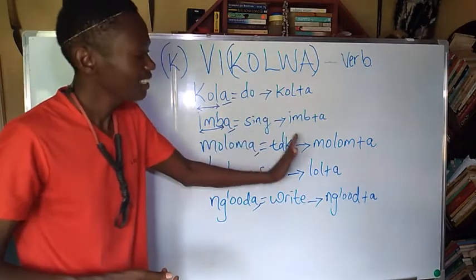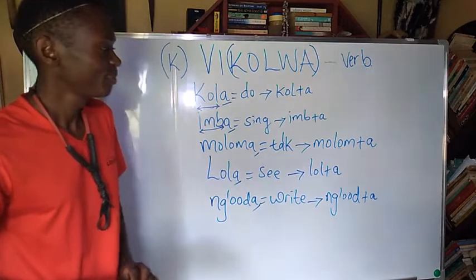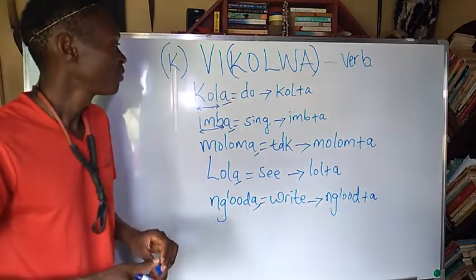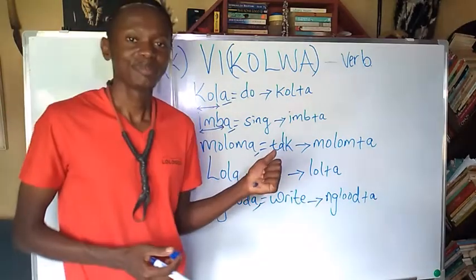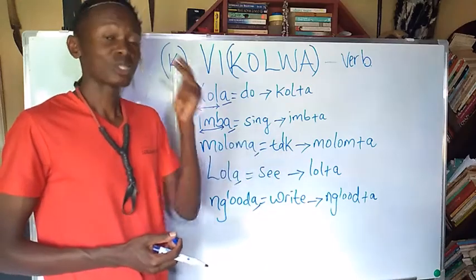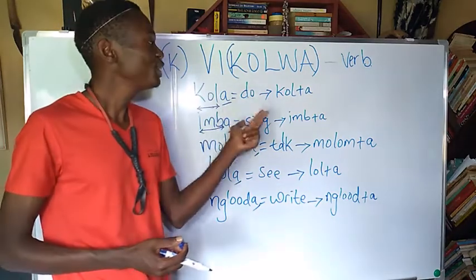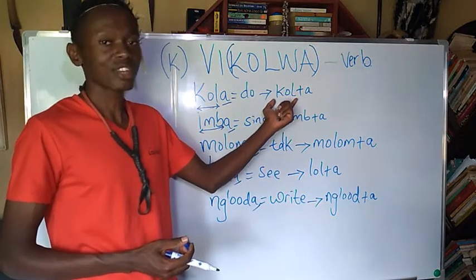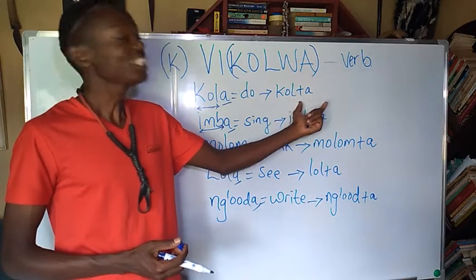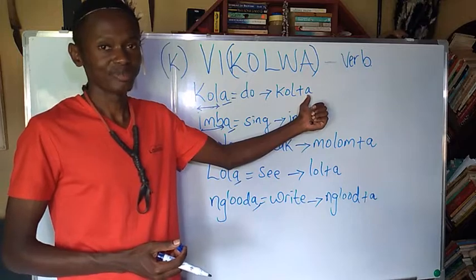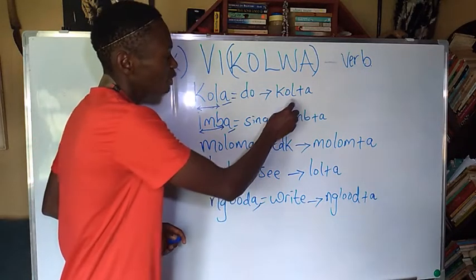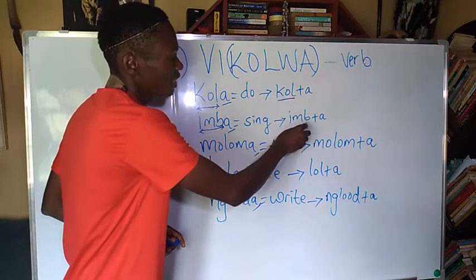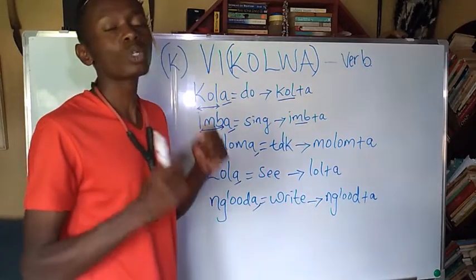What does this tell about Lulogooli? It tells us that a verb has two initial aspects. We have the first part of it and the additional part of it. This first part of the verb is what we call the root verb.